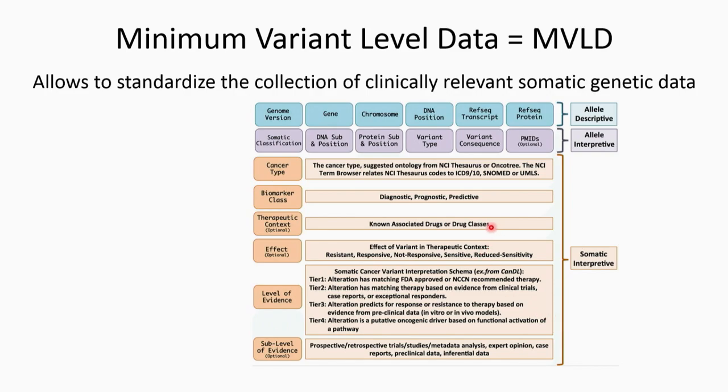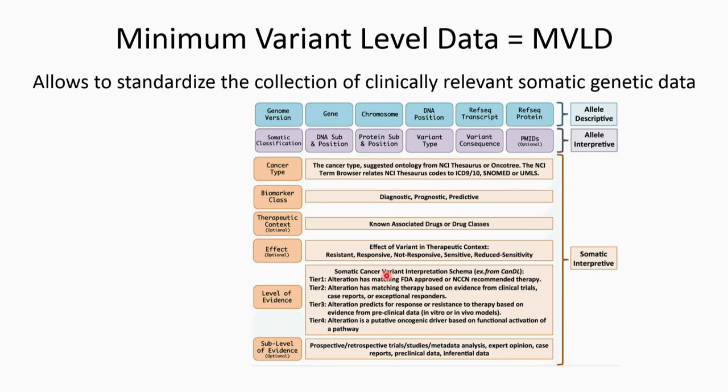So this includes information about which tumor type the variant is associated with, what is the biomarker class, is this variant diagnostic, prognostic, predictive, is there any therapeutic association, what is the effect of the variant, is the variant predicting resistance or sensitivity. Very importantly, we need to standardize level of evidence.